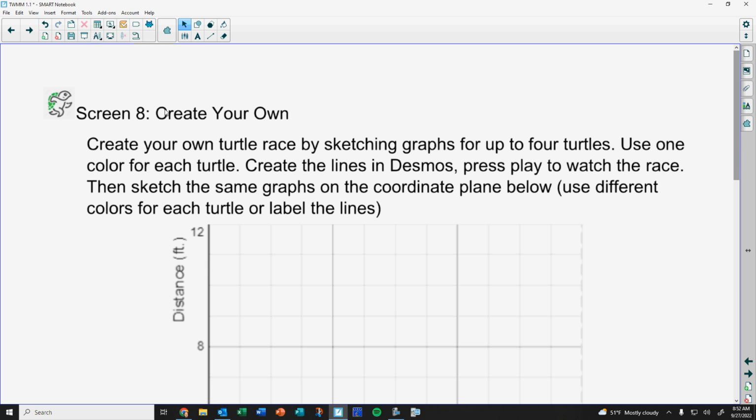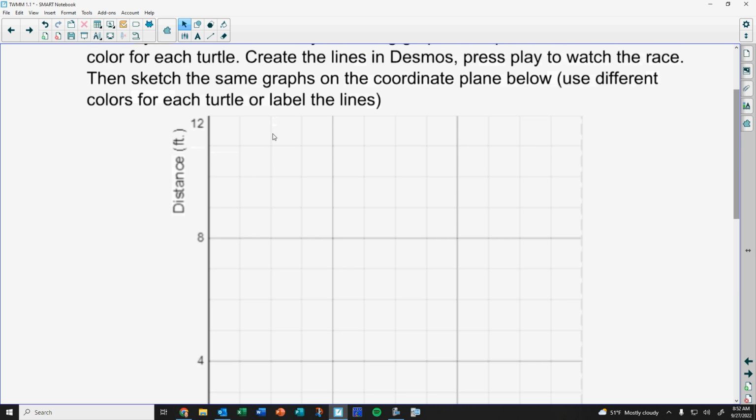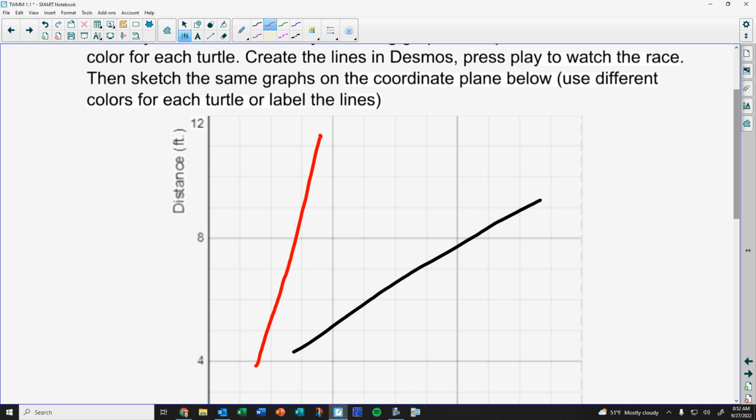Now the next one, you can create your own. All right, so when you drew some lines, you can kind of create your own. But again, the steeper the line, a line that goes out more like this is a slower line, a slower turtle than one that goes up like this, right? The steeper the line, the higher the constant rate of change is, which means the faster we'll go according to the races.